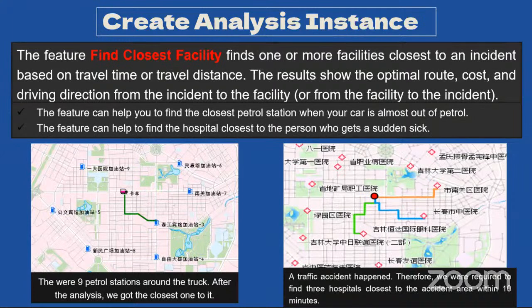For example, when you want to find the closest petrol station when your car runs out of petrol, or you want to find the nearest hospital when there is an accident, and so on. So this feature will help you to find the closest facilities to the area that has an accident, or to your area, like where your car is.